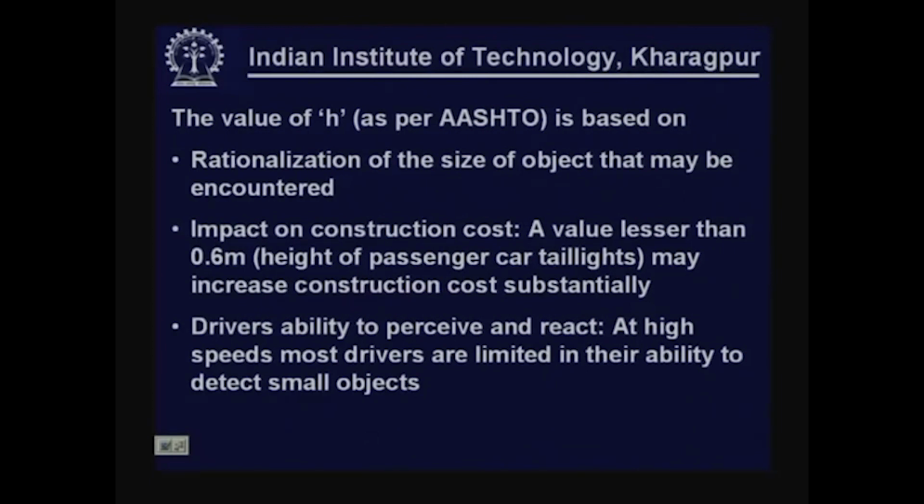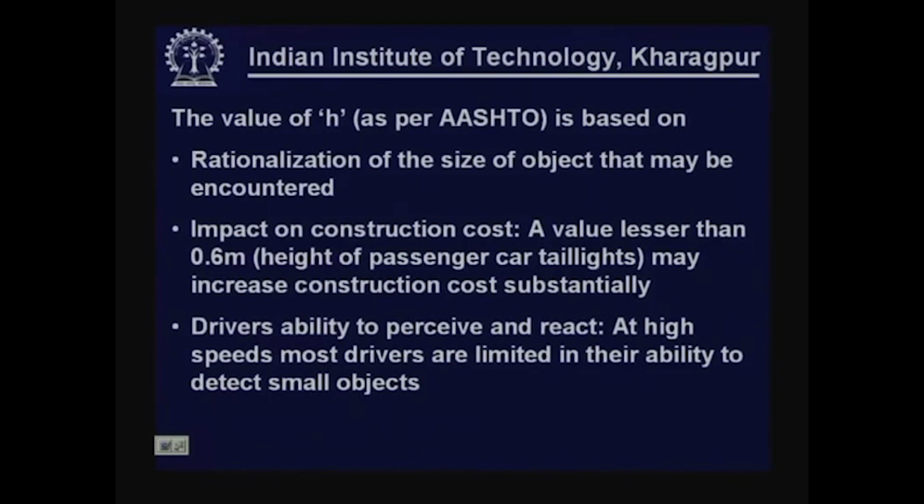Number 2, impact on construction cost. As I indicated earlier, if we consider lesser object height, the requirement of sight distance will be more. So, obviously, to provide a better standard, maybe a flatter curve will be required. So, the construction cost will go up.